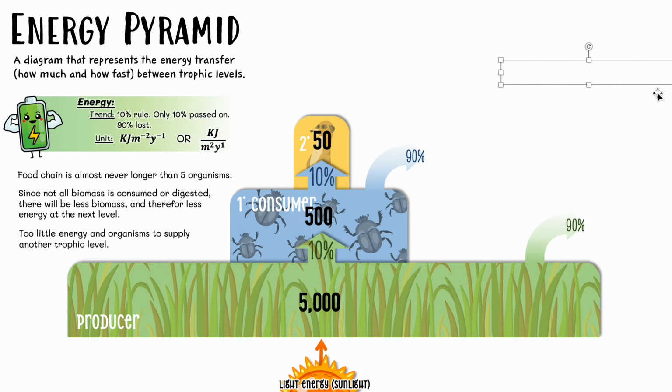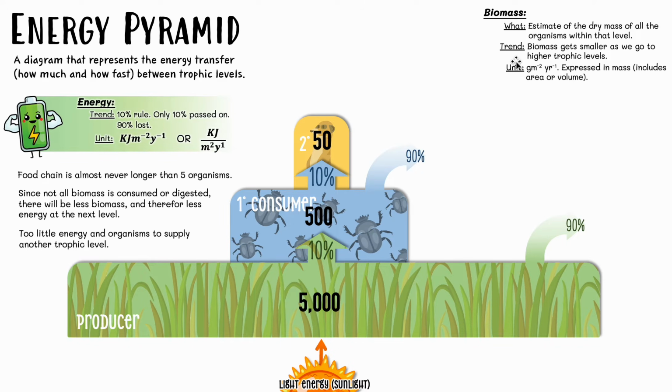All right? Okay, now this is separate from the energy pyramid, but I'm going to show it here. But don't confuse it with the energy pyramid. Sometimes you'll see another pyramid that is based on biomass. So for example, in that case, the width will not represent energy; it will represent biomass.